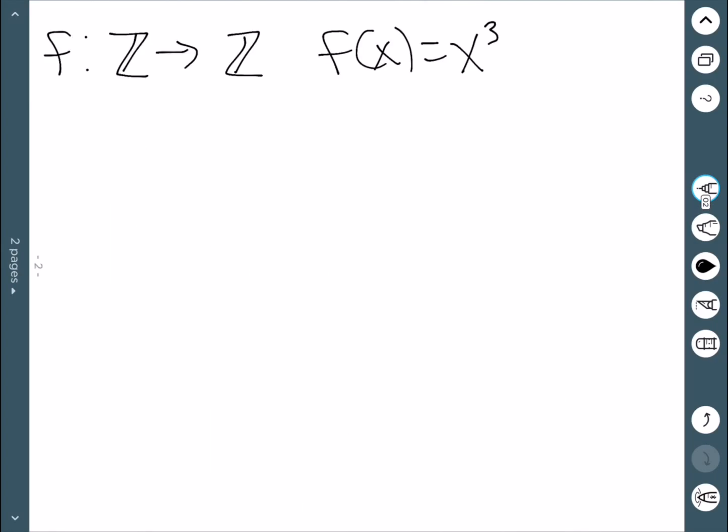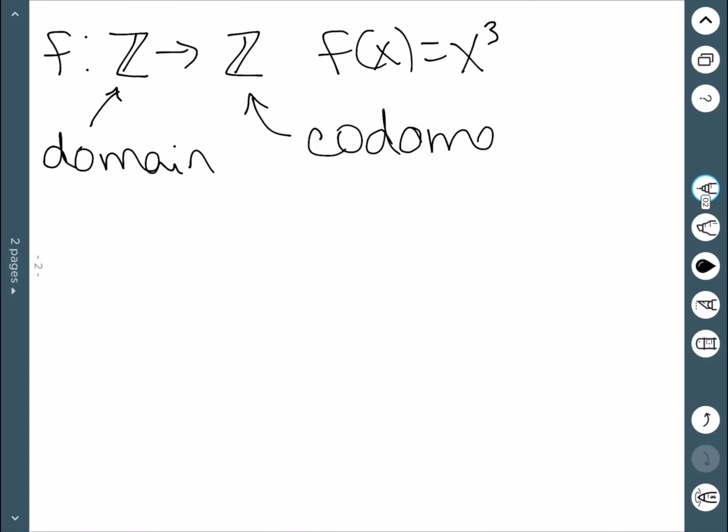As an example, if we have this function going from Z to Z, defined by f of x is equal to x cubed, then this first Z right here is called the domain. The second Z that it maps to is the codomain. However, the range is actually what things look like. So for our range, we have to think about what elements of this look like.